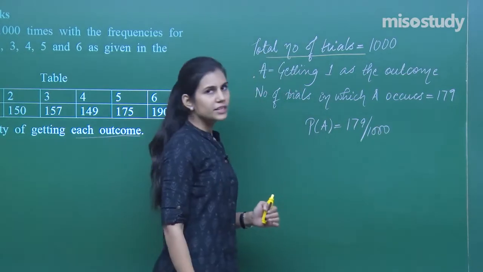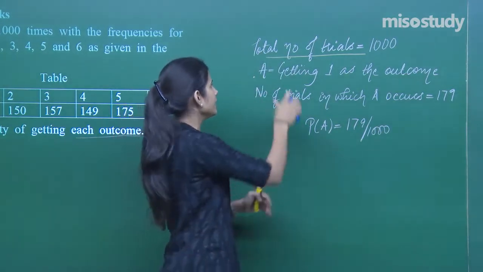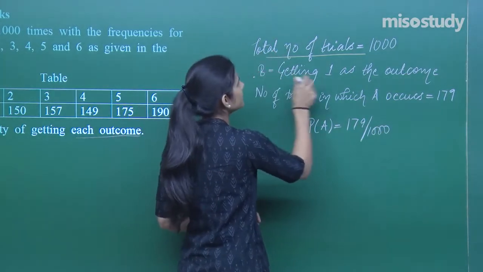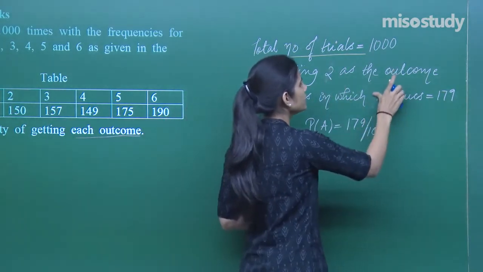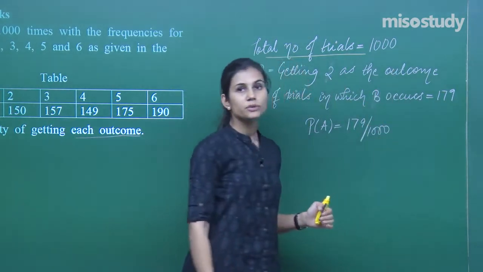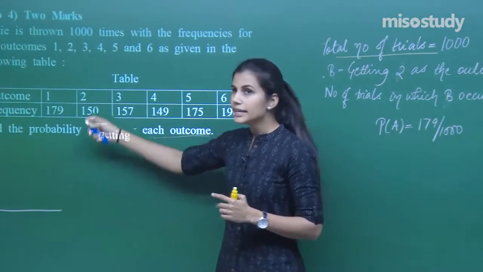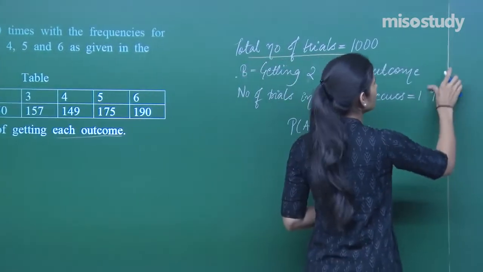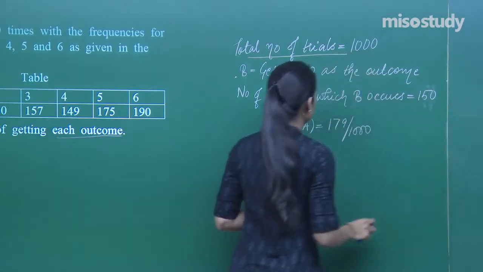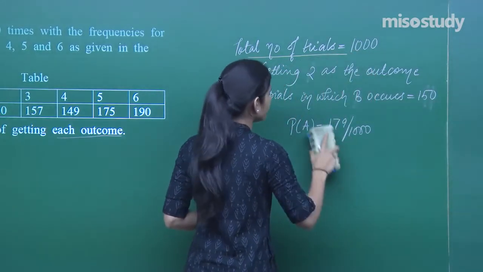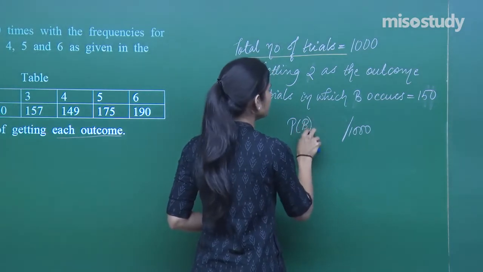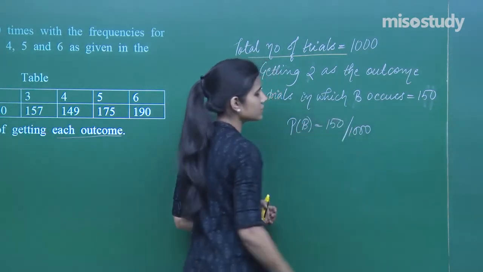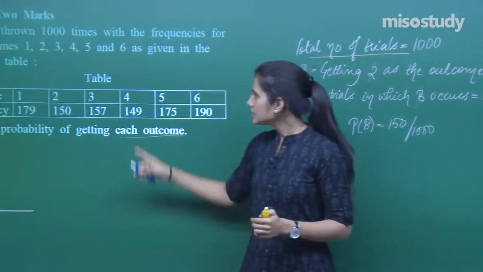If I define B as getting 2 as the outcome, then the number of trials in which you are getting 2 as the outcome is 150, and therefore the probability of event B will be 150 upon 1000. Next is 3.